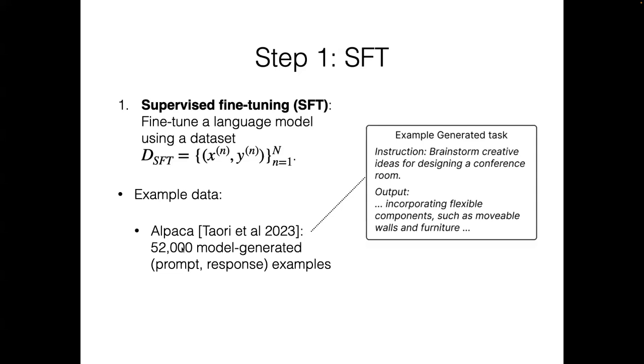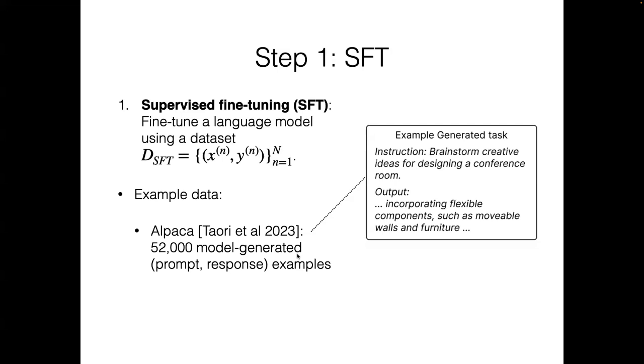One of the early ones was called Alpaca, and they have this data set of 52,000 prompt and response outputs. Here you can see it has some instruction, brainstorm some creative ideas, and some output. Again, these were just generated by a model. At the time, they were actually calling GPT to generate these. So it's just saying that you could have humans create it.